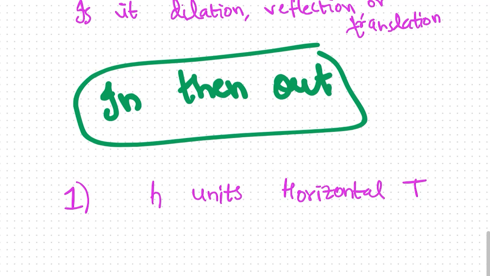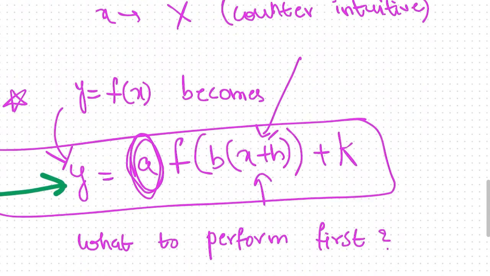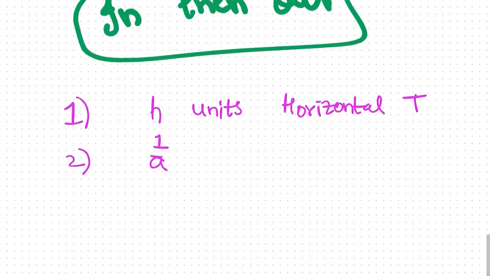Horizontal translation, I'm writing T. So 1 by a factor, right? What factor is it? 1 by B. So like the horizontal.